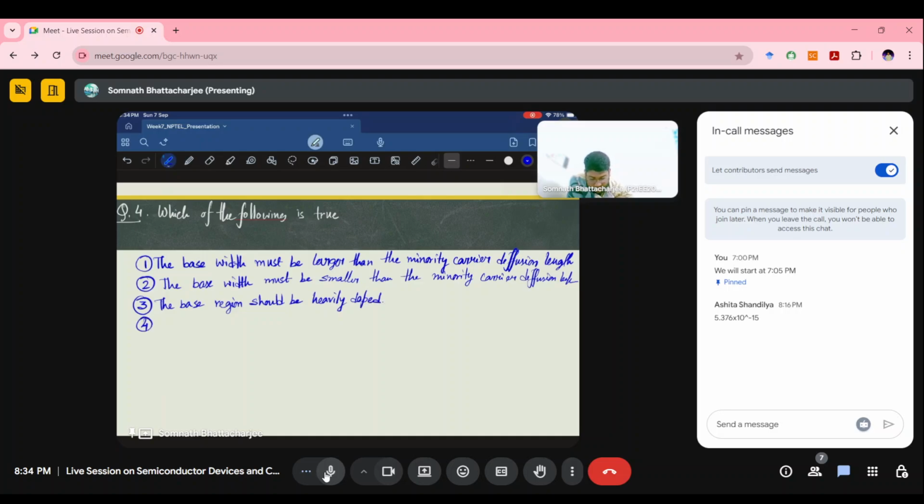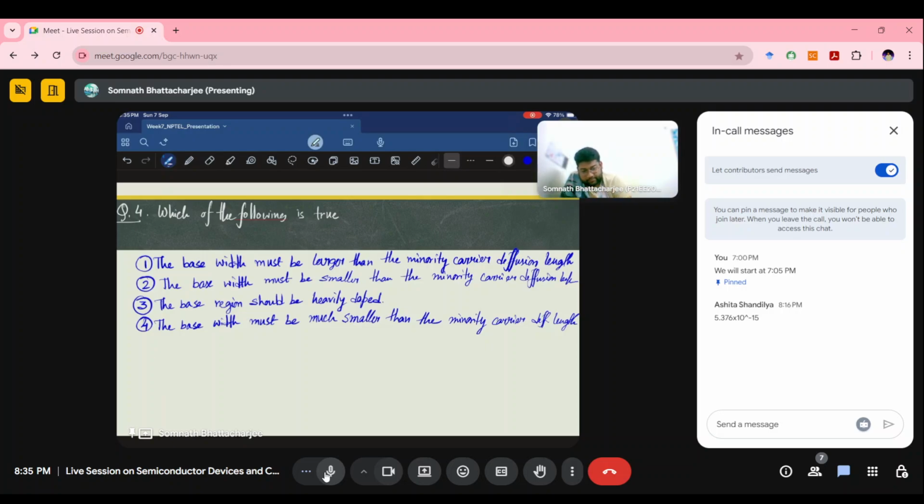And fourth, the base width must be much smaller than the minority carrier diffusion length. So tell me which one is true and why. Sorry for the bad handwriting. I was writing fast.